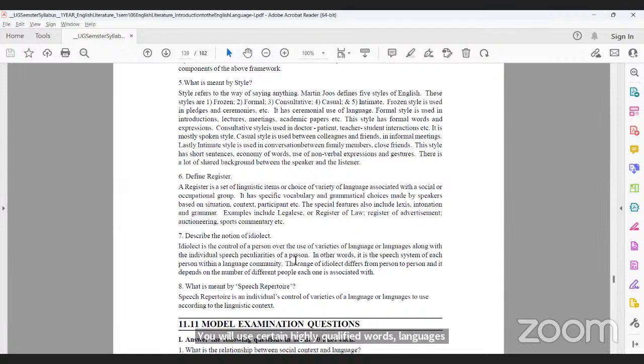But when you are attending a cultural ceremony to engage the people, to make them laugh, the language that you will use will be 100 times different from the language that you used in a lecture. So when you are choosing a particular variety of language based on certain social and occupational situations, that is what is known as register.